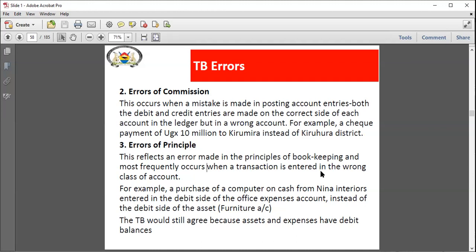If it was supposed to be debited, you went ahead and debited it, but rather than debiting it in one account, you debited it in a wrong account. I'll give you an example from our question here. Maybe it would make more sense for you.